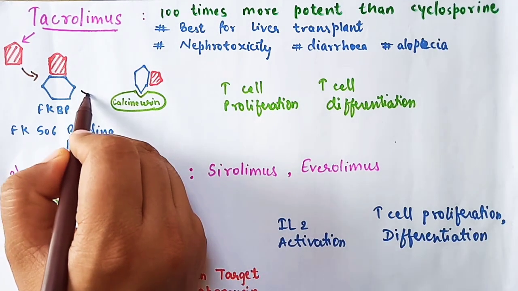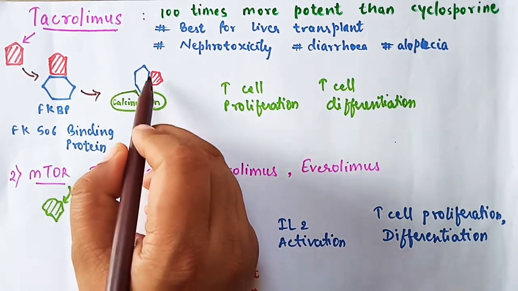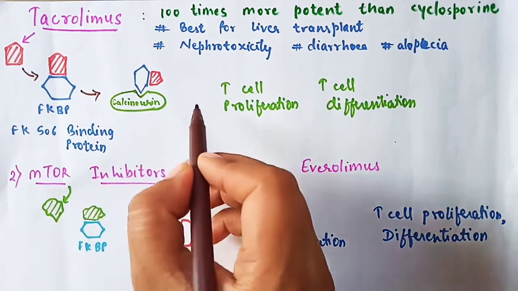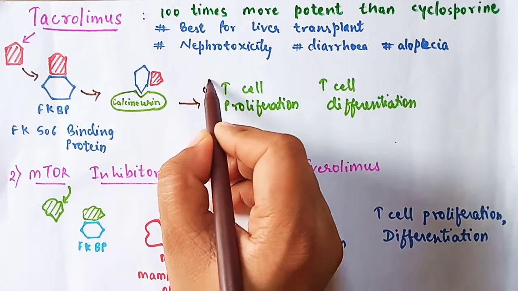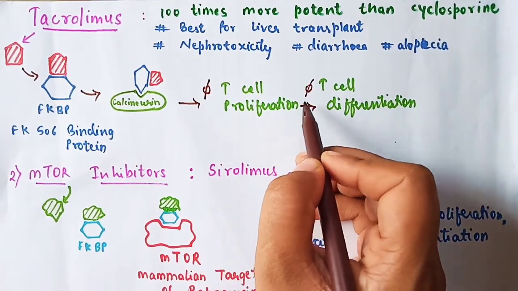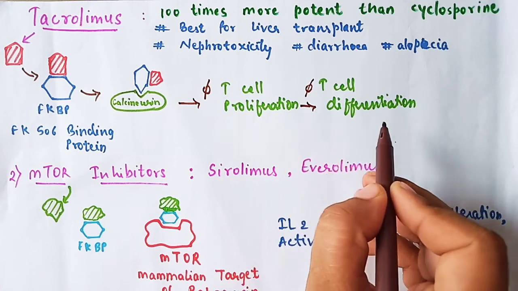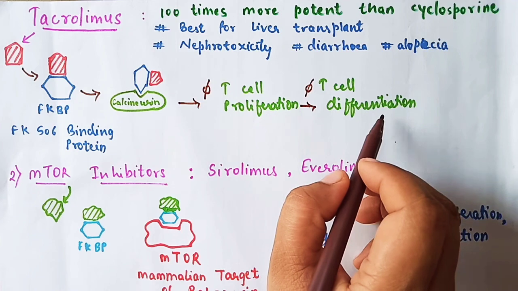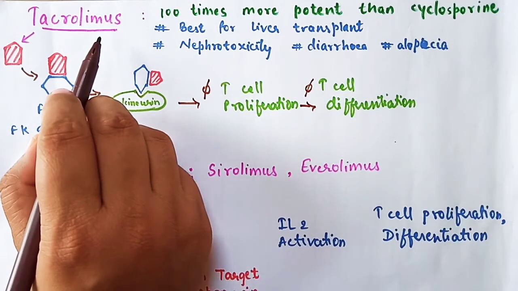So on this, FKBP goes and binds. This binding of tacrolimus and FKBP on the calcineurin causes inhibition of T cell proliferation. Since T cell differentiation is inhibited, no immune activity is seen and there is no activation of T cells. This is all about tacrolimus.